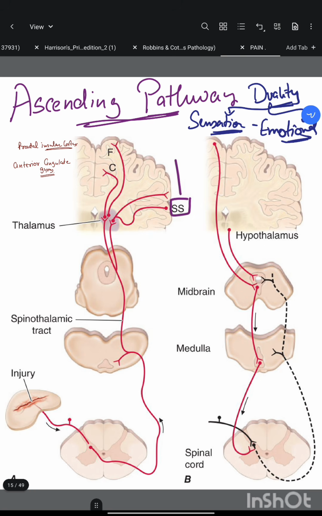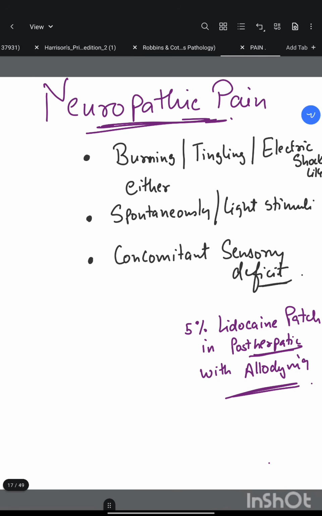But these peripheral nerves, remember, were myelinated. There are certain conditions in which the peripheral nerves get demyelinated or injured, for example diabetic neuropathy and leprosy.